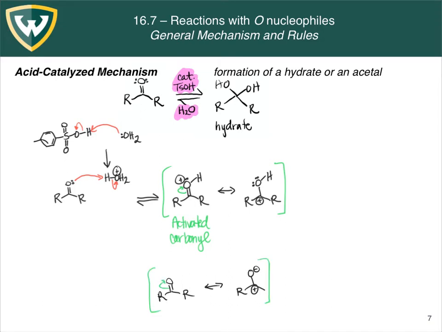So what we've done when we activated this carbonyl is essentially we made this resonance structure become a more dominant part of the overall molecular structure than this one had been for this ketone.